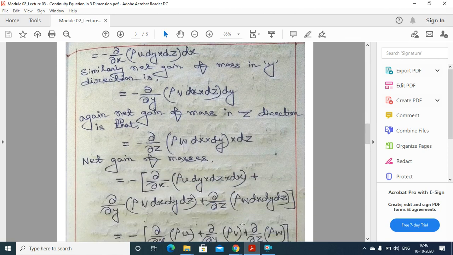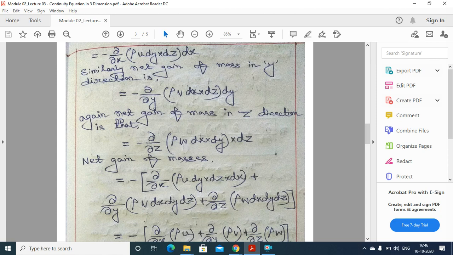So the total gain of mass in this element, if we take the common minus, will be del x into rho into u into dy into dz into dx plus del y rho into v into dx into dy into dz plus del z rho into w into dx into dy into dz.